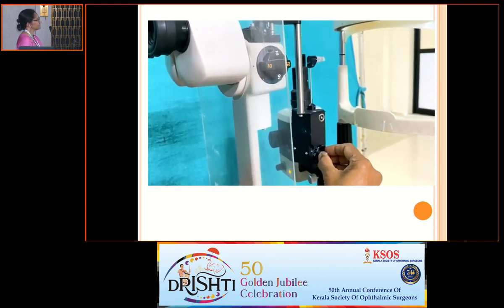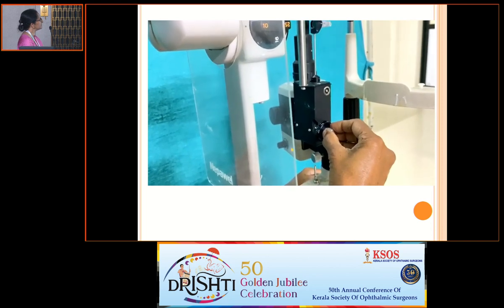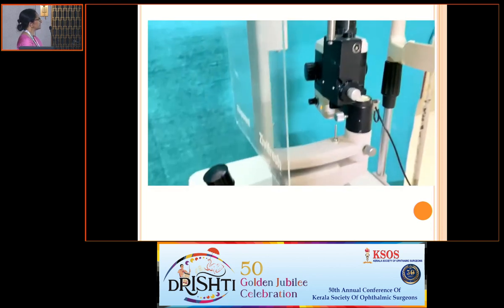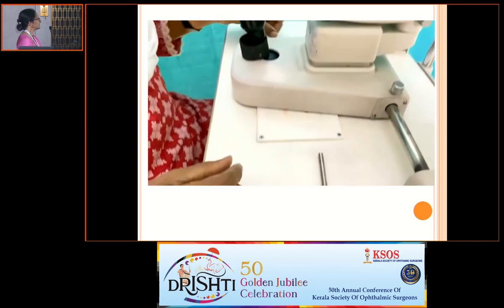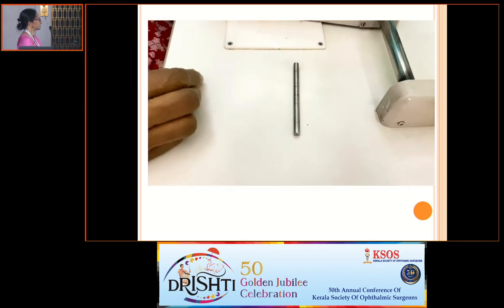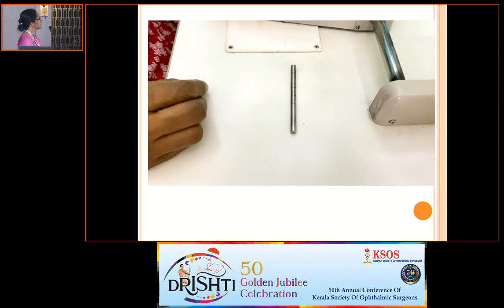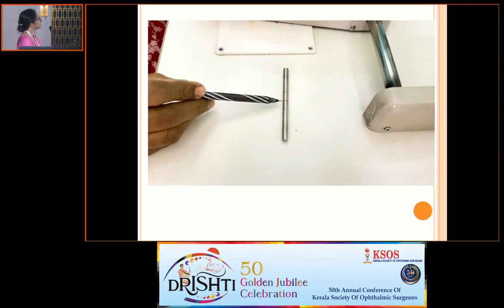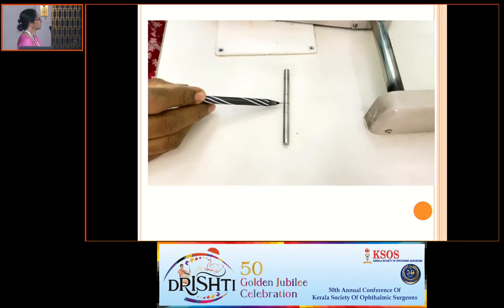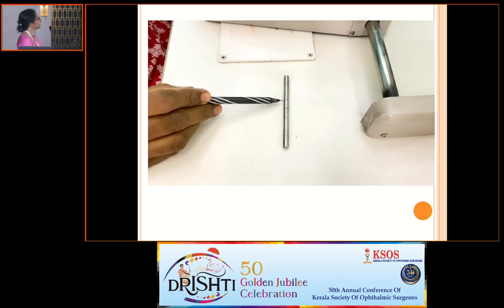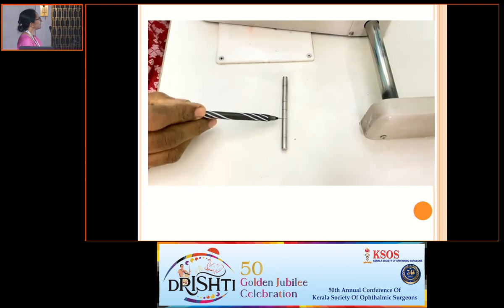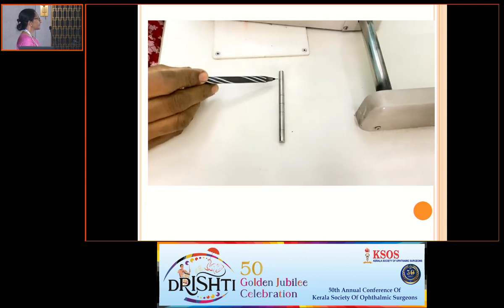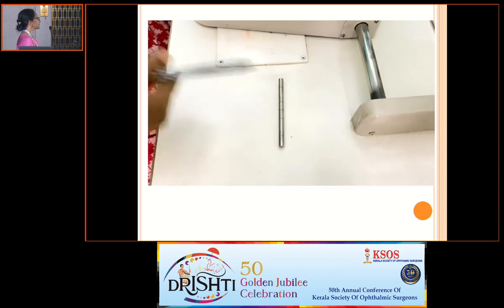To check the calibration error at position 2 and 6, we need a calibration error check weight bar, which is provided by the manufacturer along with the tonometer. This weight bar has 5 markings on it. The central marking corresponds to 0 millimeters of mercury, 2 markings on either side corresponding to 20 millimeters of mercury, and 2 outermost markings correspond to 60 millimeters of mercury.